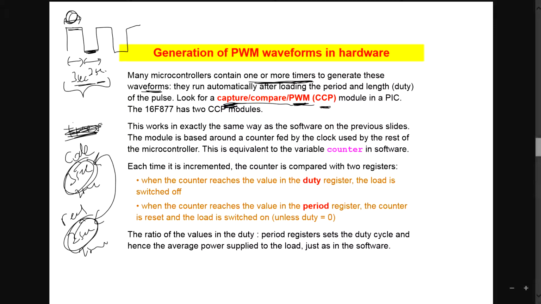Alright, so this is more on the control side of your dynamics and control already lah. So this is something that you're gonna talk about in something else. So you need to capture and compare your pulse width modulation so that the motor turns to the speed that you want. Alright, so therefore this is called the CCP method.